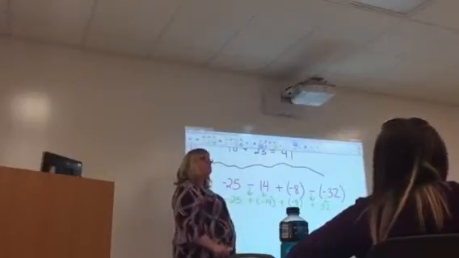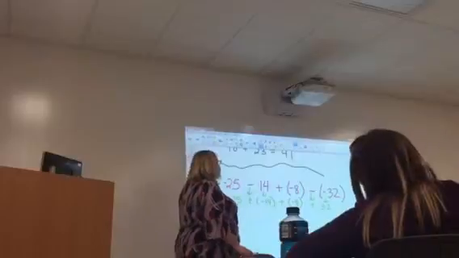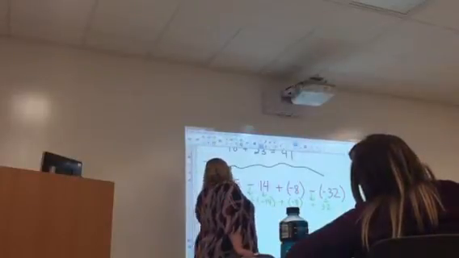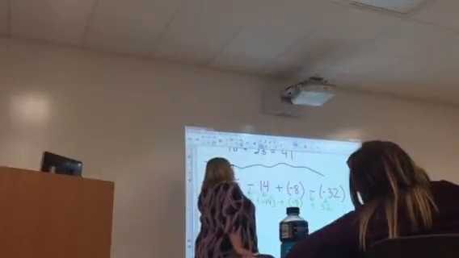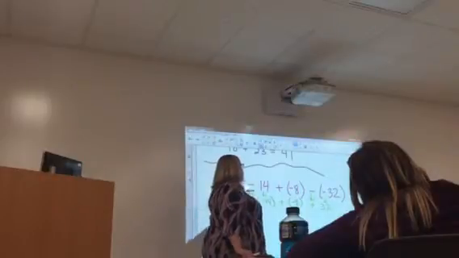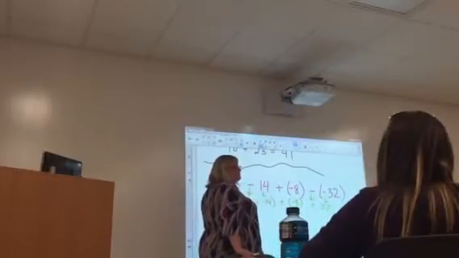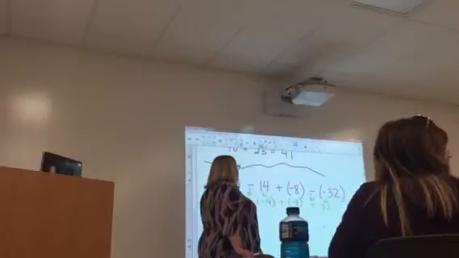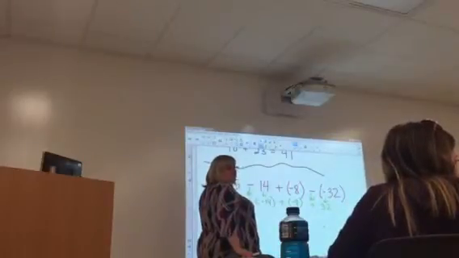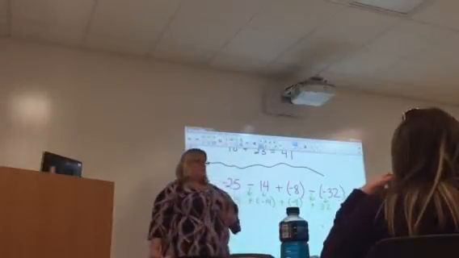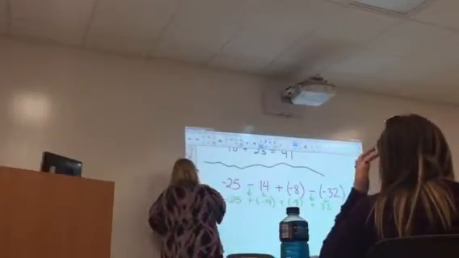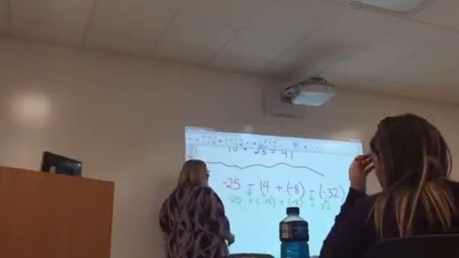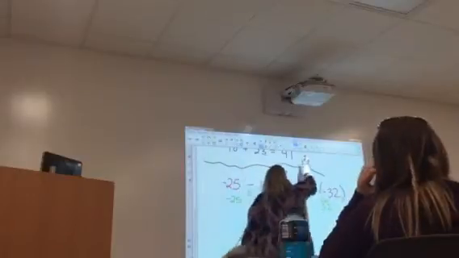Well, you did have to change some things because you had subtraction signs. So you change all the subtraction signs to addition signs, and the addition signs you keep the same. And then I add up all my negatives, add up all my positives, and then at the end deal with them.